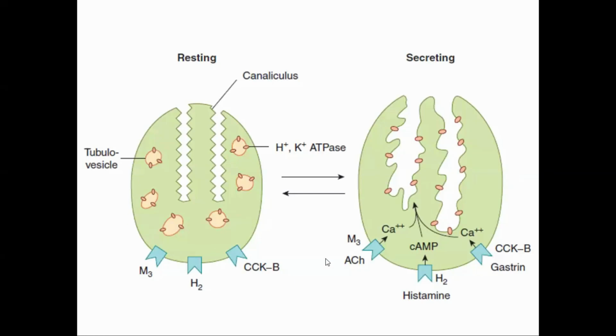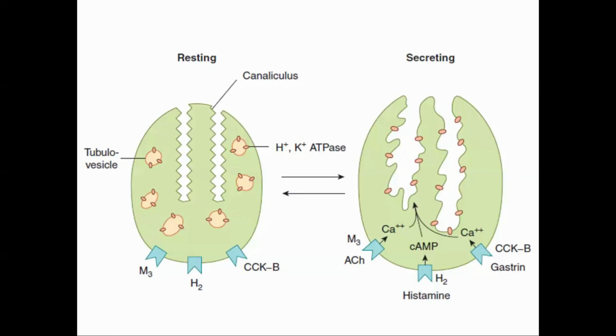Once acetylcholine binds, or histamine binds, or gastrin binds, these hydrogen potassium ATPase pumps fuse to the apical side of the parietal cell.